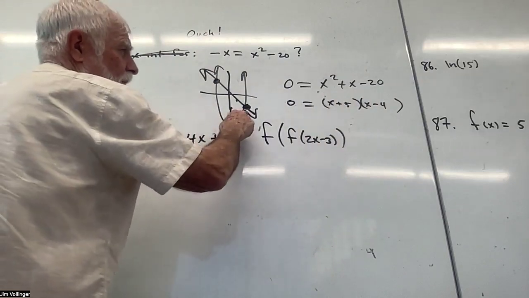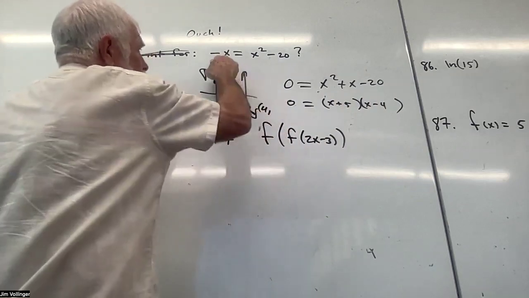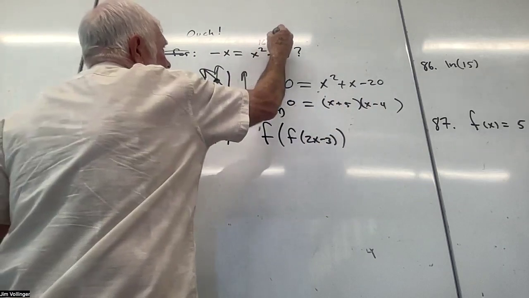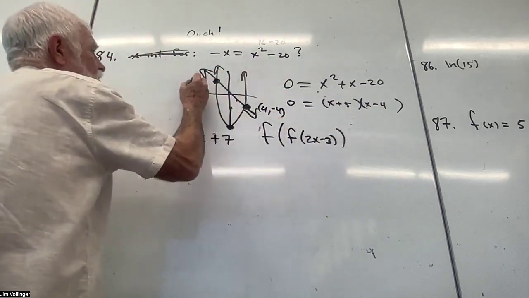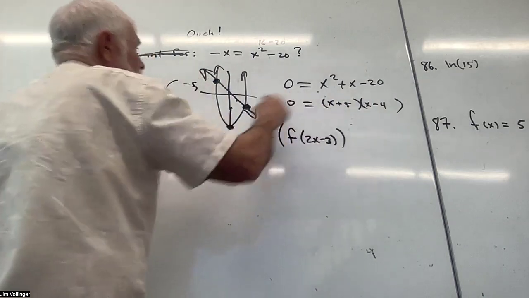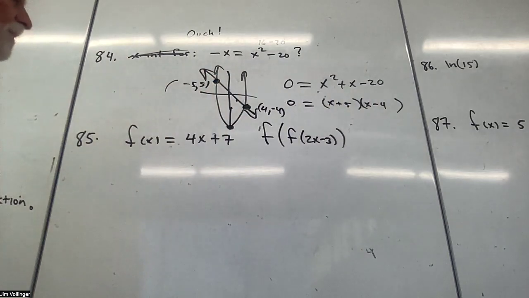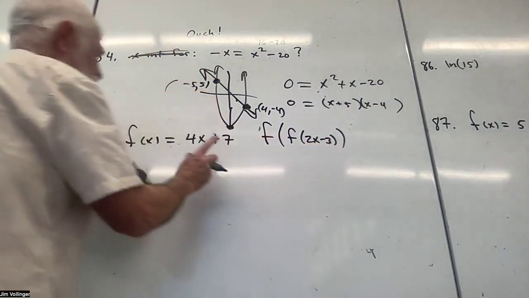So this is the smaller number, so that's going to be the 4. And if I put 4 in, I get -4 out. And if I put 4 in here, I get -4 out. So this one is -5, and I bet I get 5 out. Appears to be true.